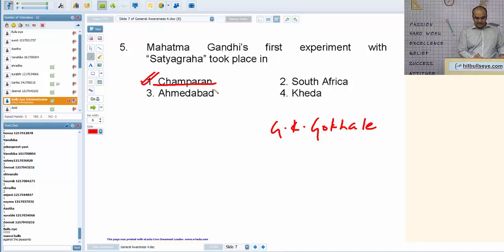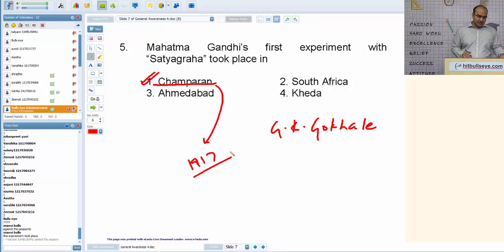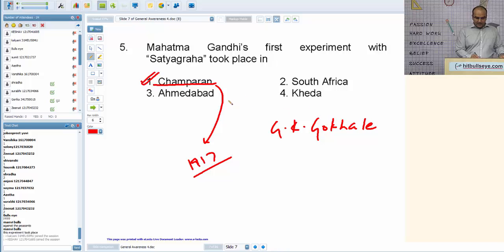Then in the year 1917 he took up the cause of farmers in Champaran, right? They were being exploited by the landowners. Champaran, of course, is located in Bihar. So he went over there, protested on the side of the farmers and got them certain benefits. And then the next Satyagraha he did was in Ahmedabad, right?